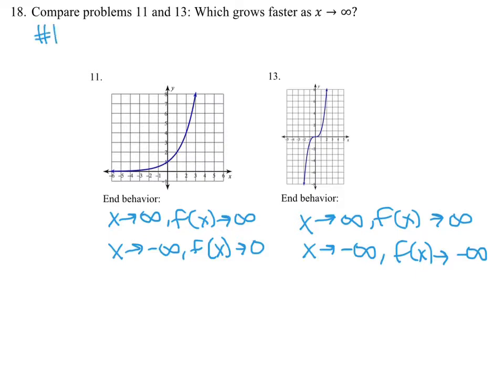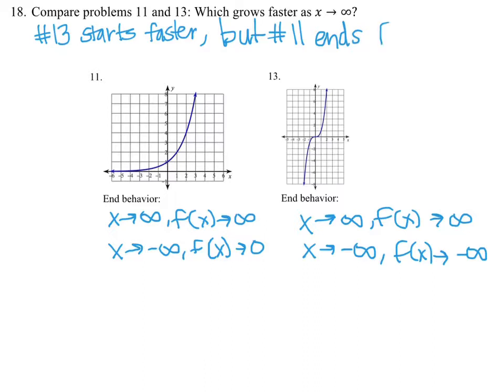But number 11 ends up growing faster because it's exponential. So number 13 starts faster, but number 11 ends faster.